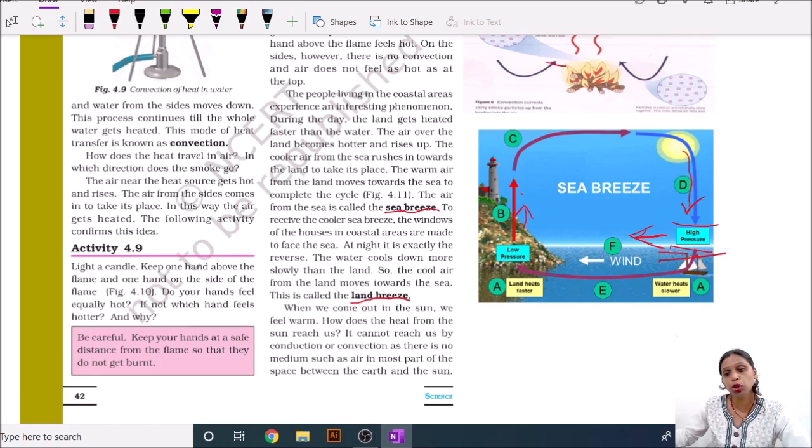That's why in coastal areas people always keep the face of the window towards the sea, which gives a cool air effect. This is the process of sea breeze. And this process is reversed in the land breeze. What happens at night time?